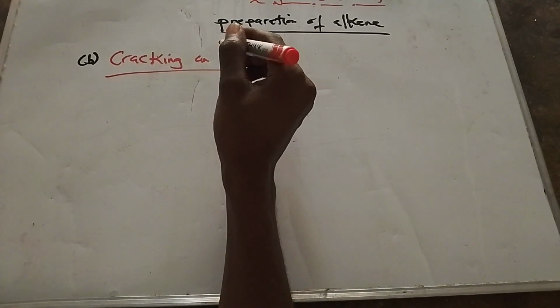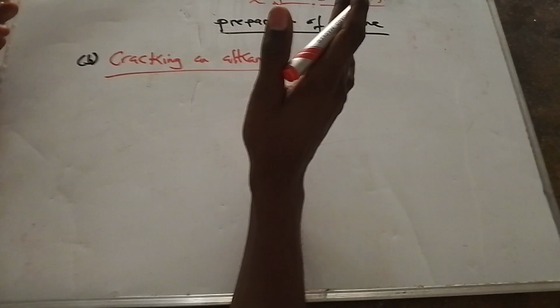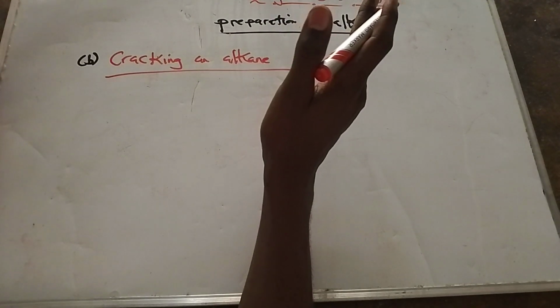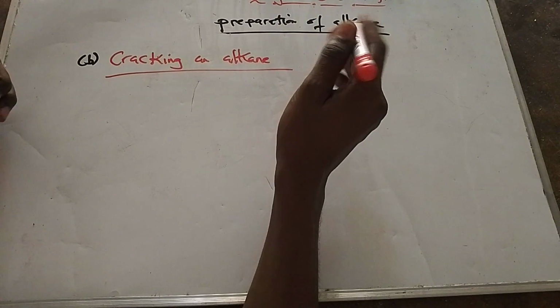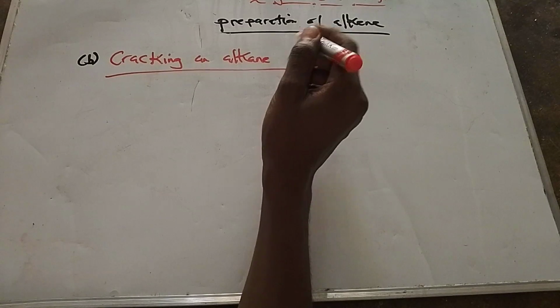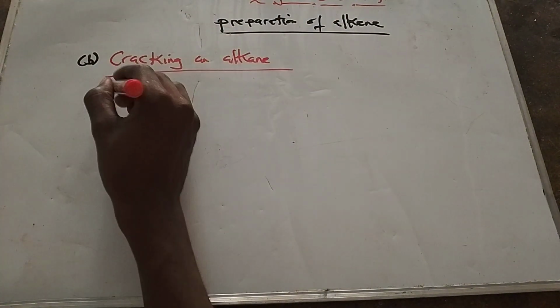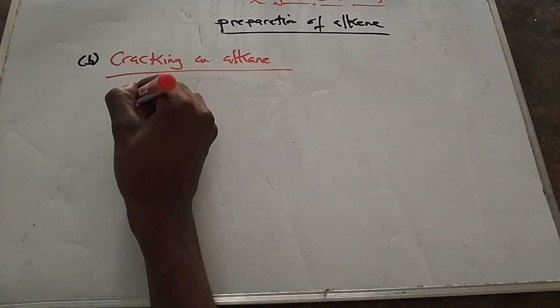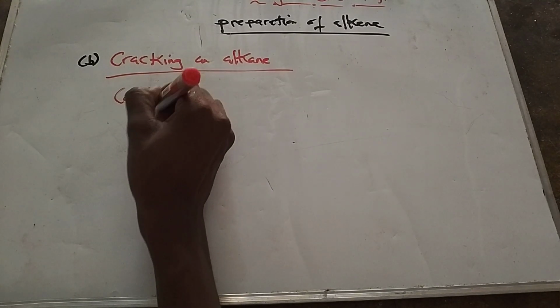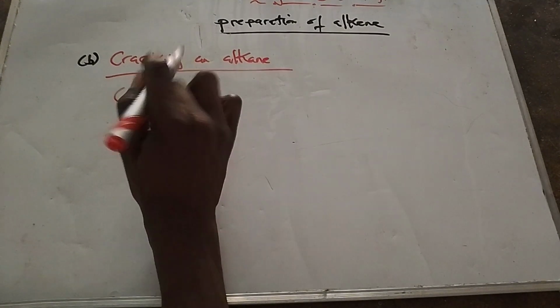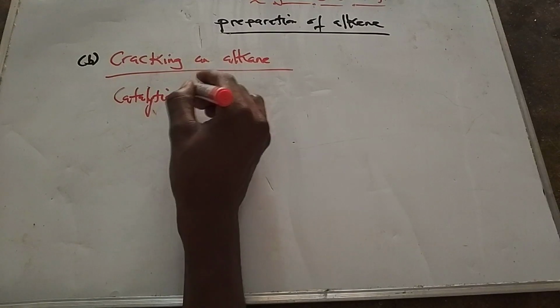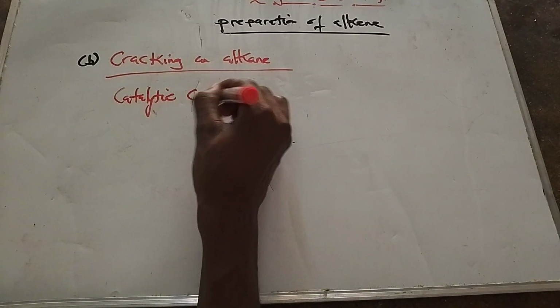Cracking is a process of breaking a large complex compound into smaller and simple ones. That's cracking. This one will focus on catalytic cracking.